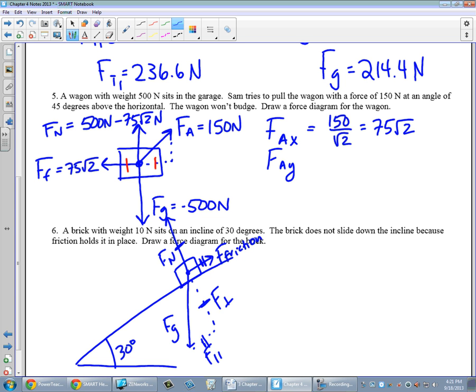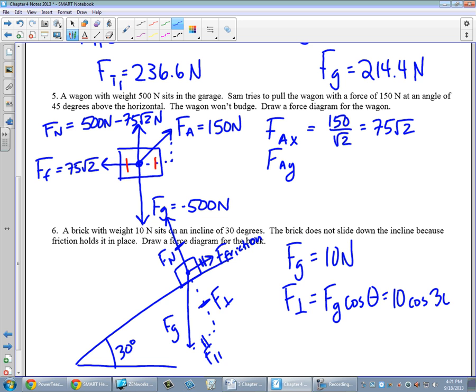I can calculate all of these values. I know that Fg is equal to 10 newtons. I know that F perpendicular is equal to Fg cosine theta, or 10 times the cosine 30, which is basically going to give me 5 times the square root of 3.